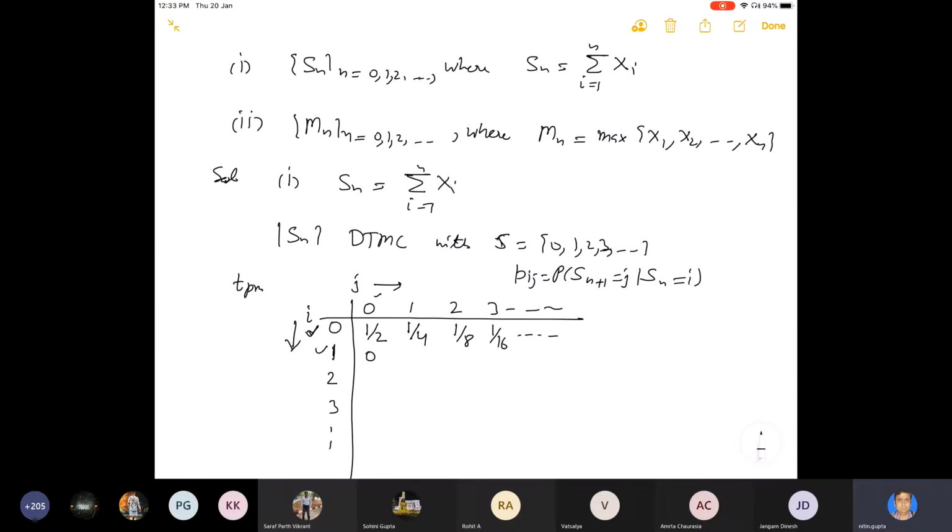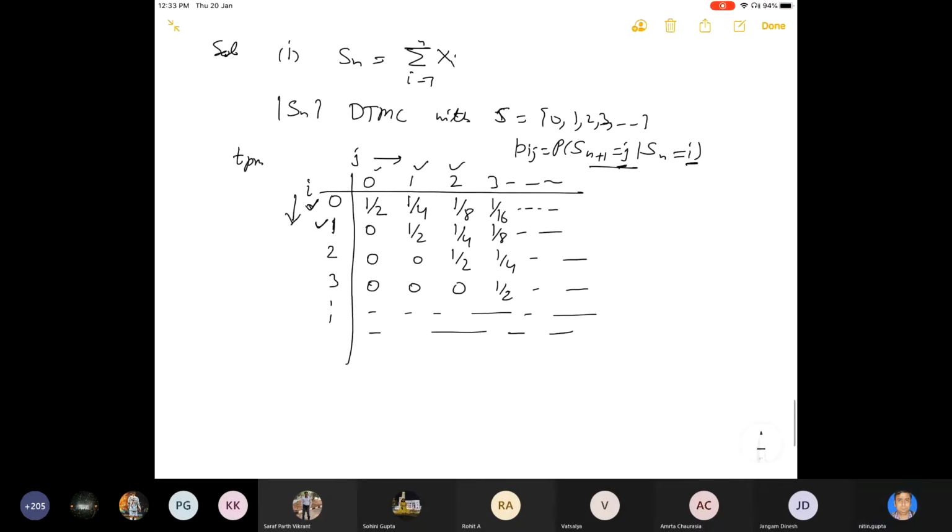Now, if the total is 1, next time the value becomes 1 if 0 comes, that means with probability half. Similarly, 1 to 2, if 1 comes, 1 by 4, 1 by 8 and so on. Similarly, this will be 0, 0, 1 by 2, 1 by 4 and so on. This becomes 0, 0, 0, 1 by 2 and so on.